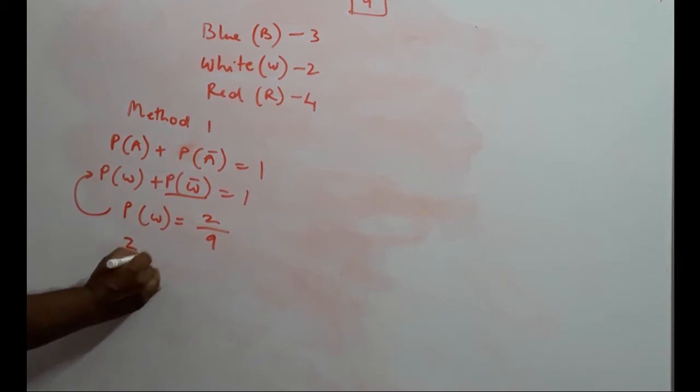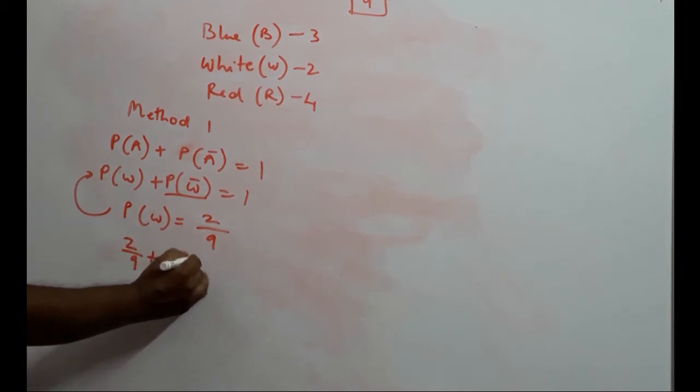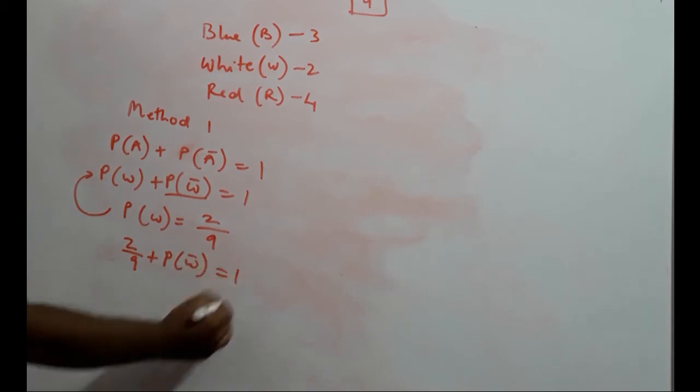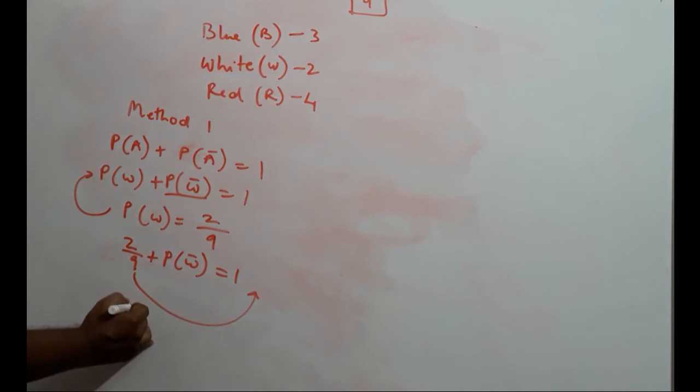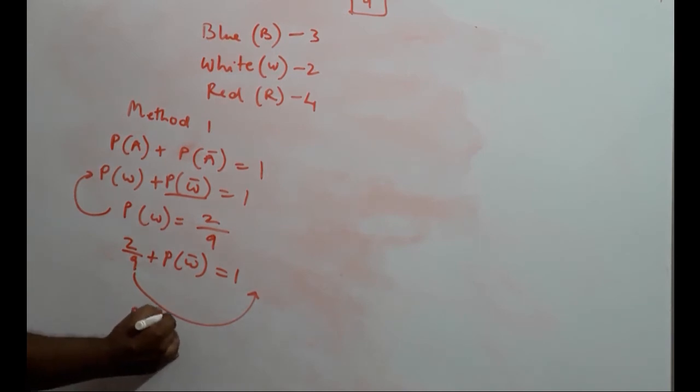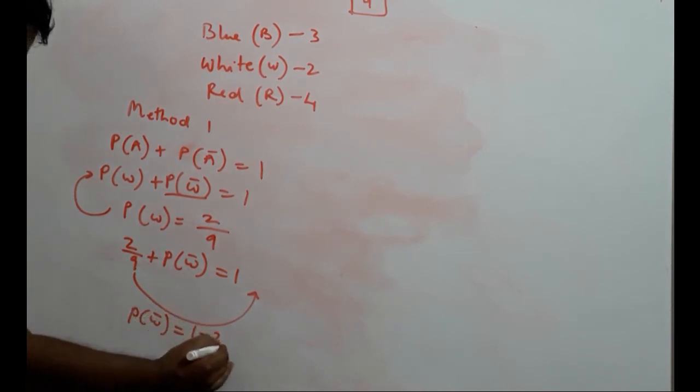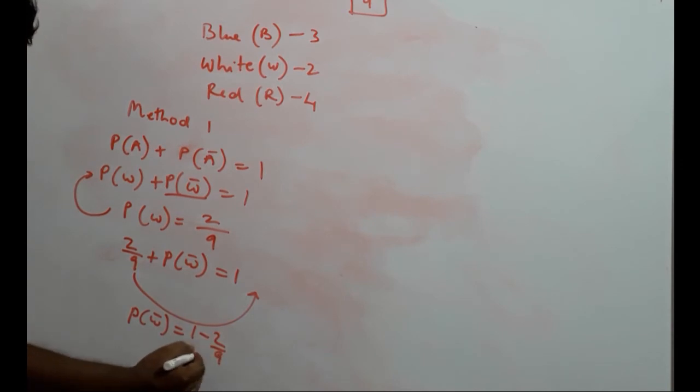So let's put this in, and we'll get 2 upon 9 plus probability of not getting a white marble equal to 1. When we take this on the other side, the sign will change and we'll get 1 minus 2 upon 9.